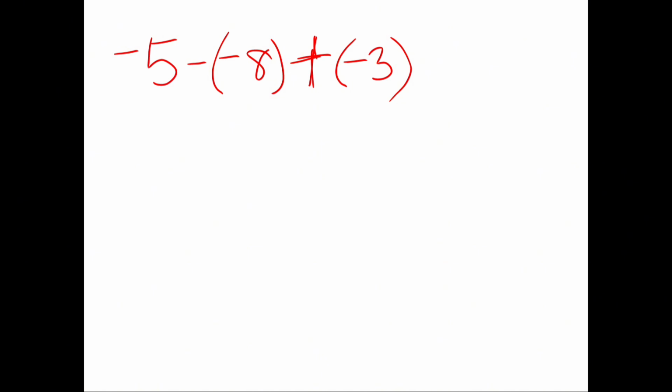And here is another simple question for us to calculate. We have a minus 5, right? Good. Minus 5. And what follows it? What follows it is a minus multiplied by minus 8, right? And what is minus multiplied by minus? Good, plus. Plus what? 8. And that opens the bracket automatically.